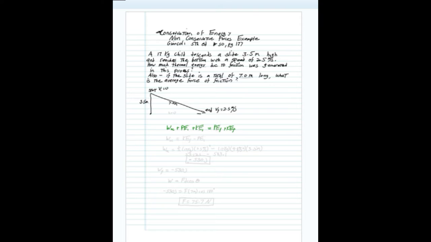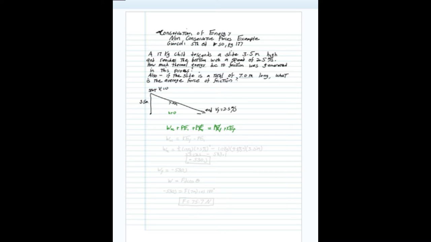The child had potential energy to start with and no kinetic energy because they started from rest. And we're measuring the height from 0 here at the bottom of the slide. At the end, the child has no potential energy because they're at the bottom of the slide at the 0 mark, and they have kinetic energy because they are in motion.